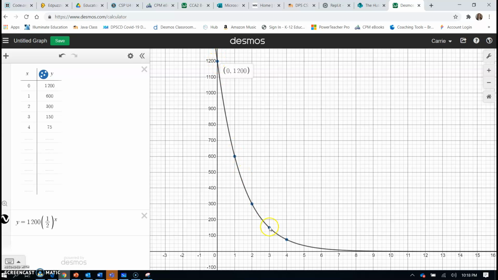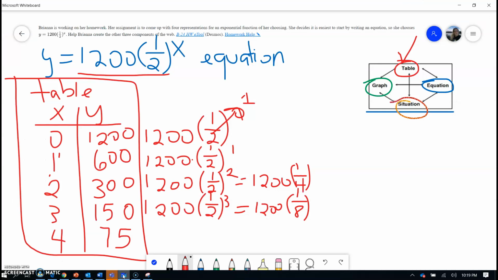I have a starting point, and then I have a couple other points to help me shape my graph. So just going back, we can say that we did our graph, and we can just draw a little sketch of it, saying up here is 1200.